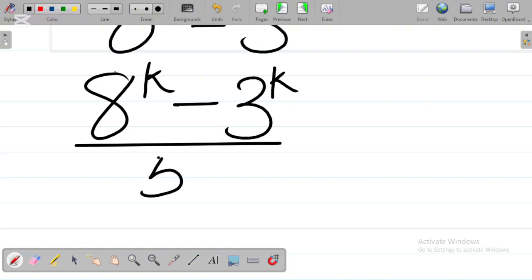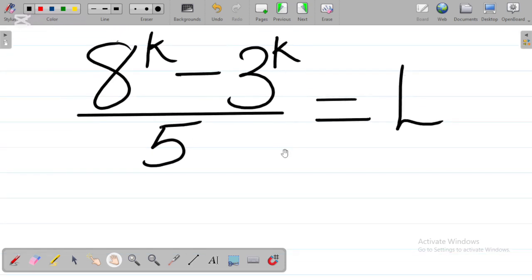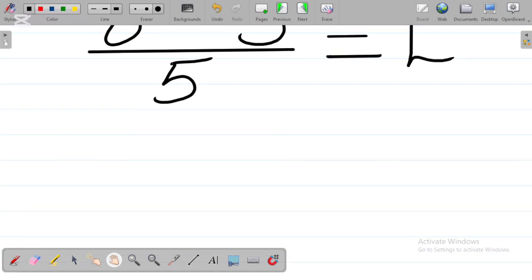If you divide it by 5, it would give you an answer, and that answer you don't know yet. So let's say the answer is L. If you divide this equation by 5, it should give you an answer, and we don't know the answer yet. So let's assume that the answer is L, where L is an unknown integer.